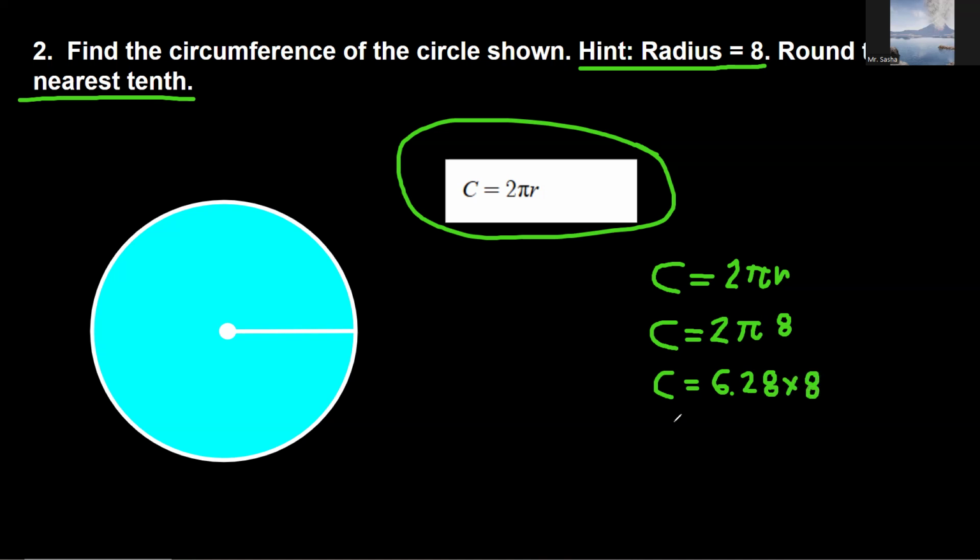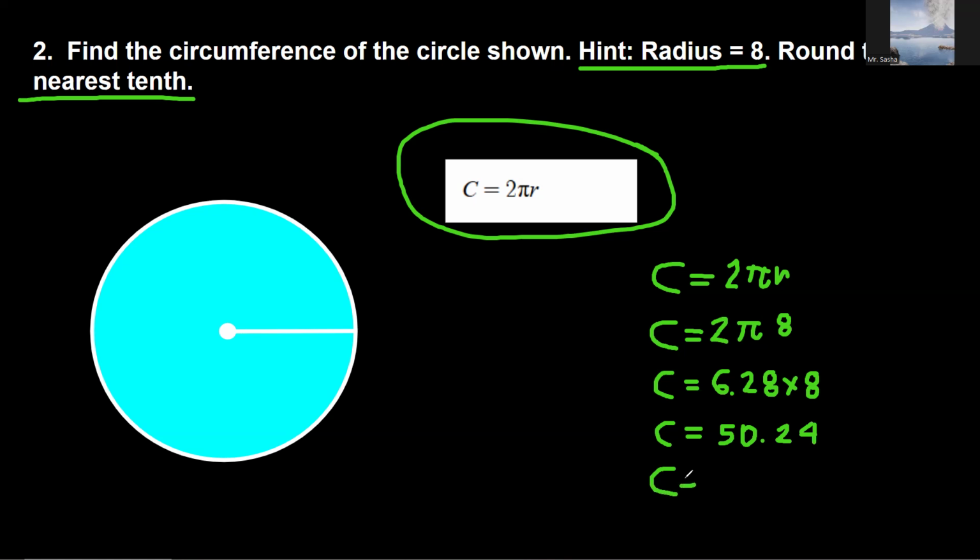Then 8 times 6.28 is 50.24. Now let's round it to the nearest tenth.